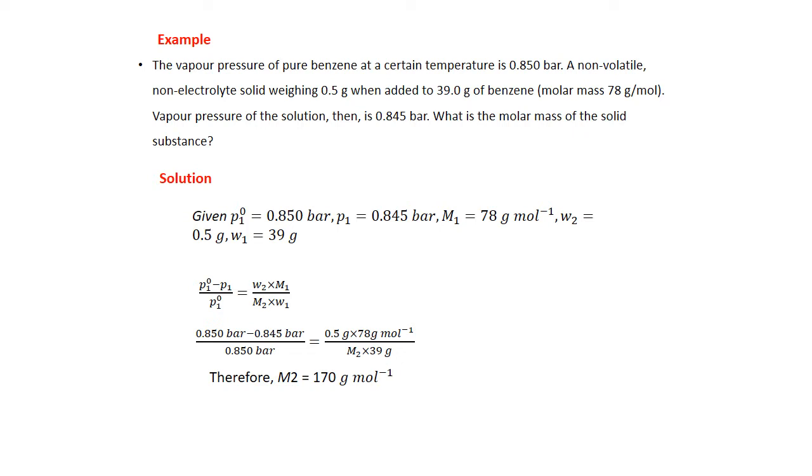M1 is 78, the benzene, W2, the weight of the solute, is 0.5 gram and the weight of the solvent is 39 gram. So we have the formula. You must know the formula exactly, then you can solve the numerical very easily. (P1 naught minus P1) upon P1 naught is equal to W2 into M1 upon M2 into W1. All these values are given, so we can find out the value of M2 from this numerical.